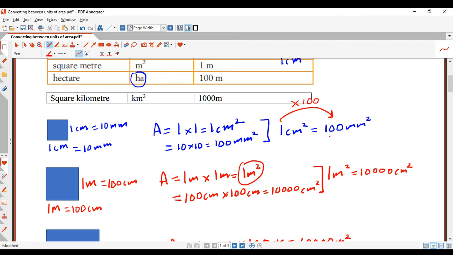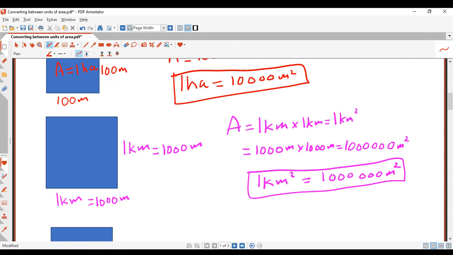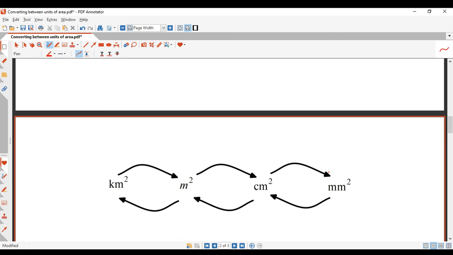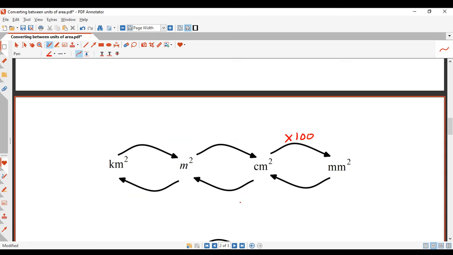And to go the other way, from 100 to 1, that's the opposite, divide by 100. So that gives us our first part of the diagram. Centimetre squared to millimetre squared, we're timesing by 100. And then to go the other way, we're dividing by 100.